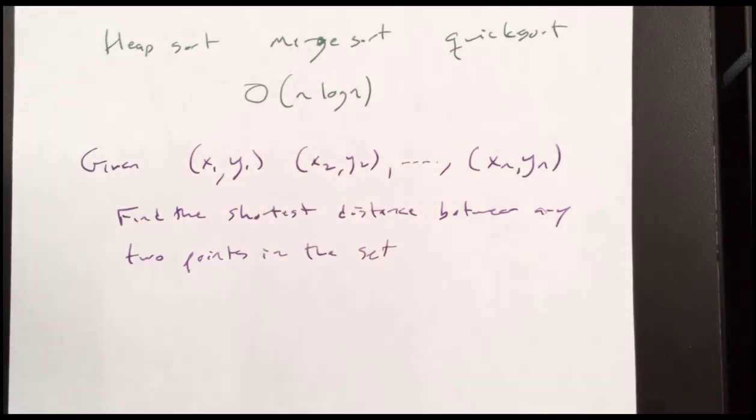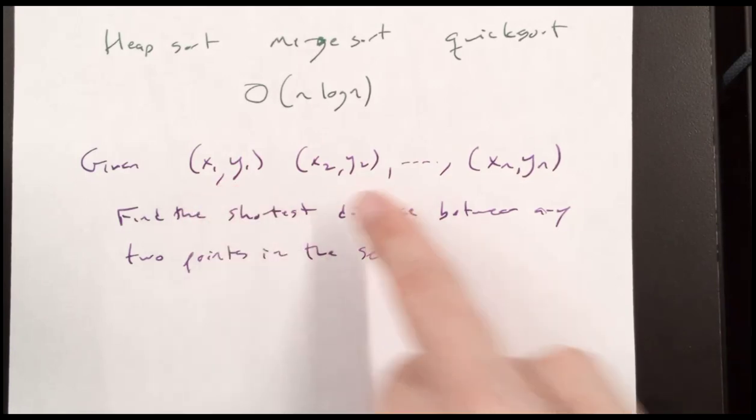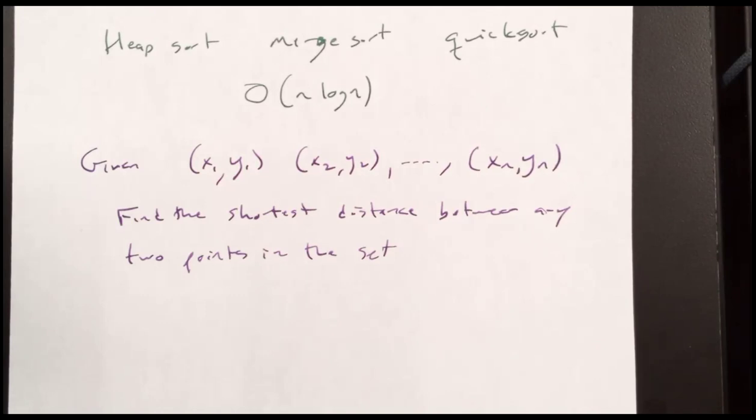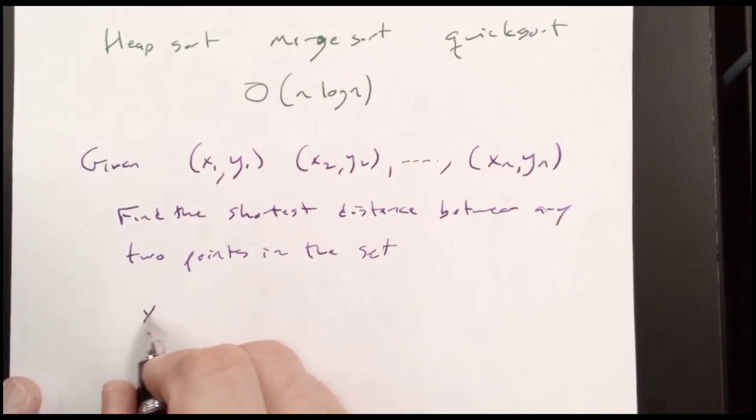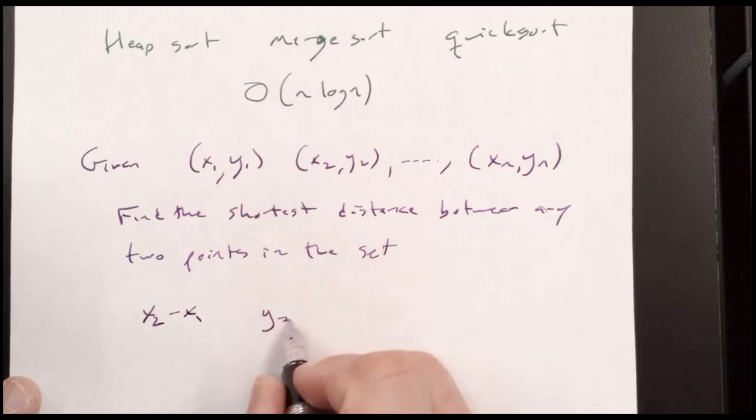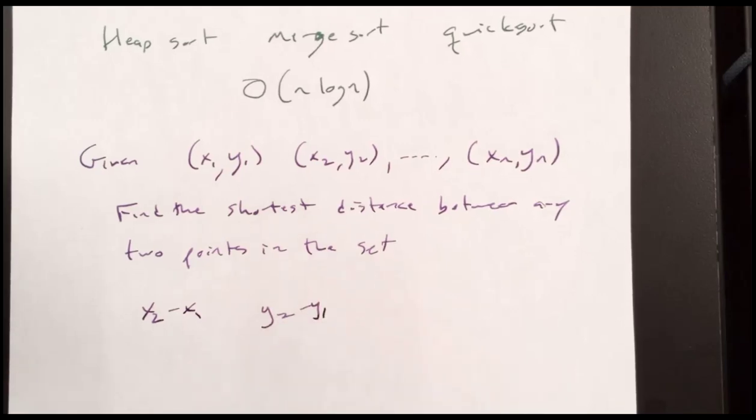How do you measure the distance between 2 points? X1, Y1 and X2, Y2. X2 minus X1. Minus Y1. What do I do with those? Blake? You put the Y's above the X in a fraction.